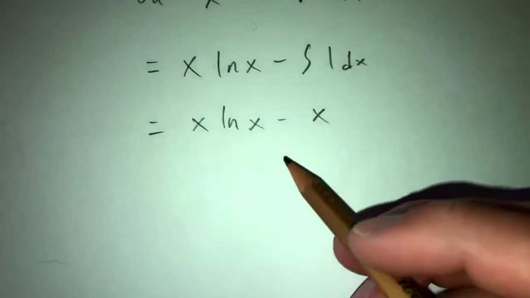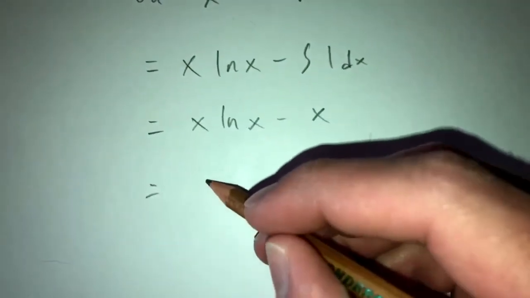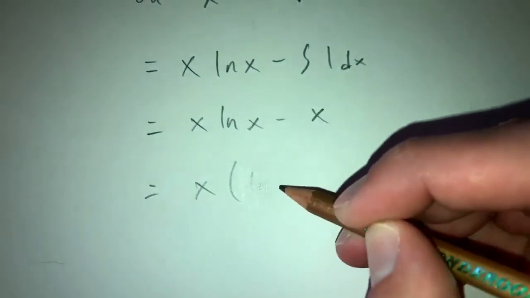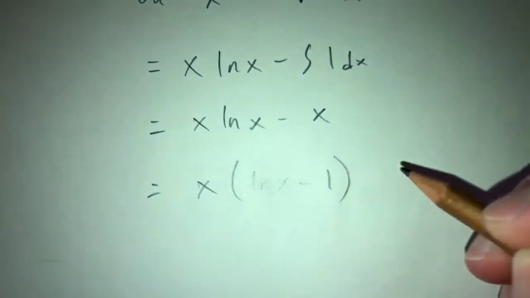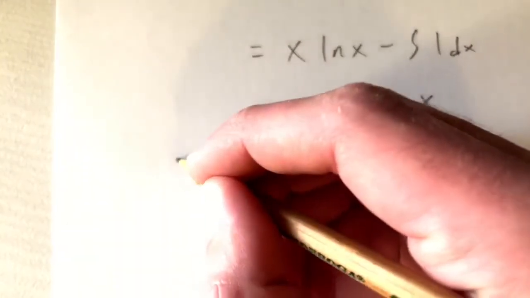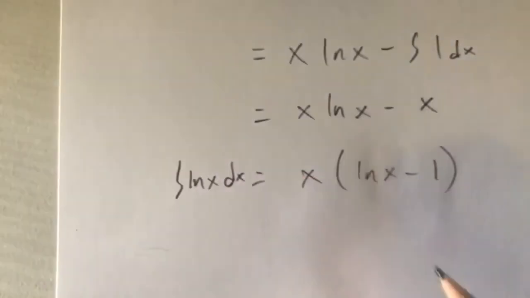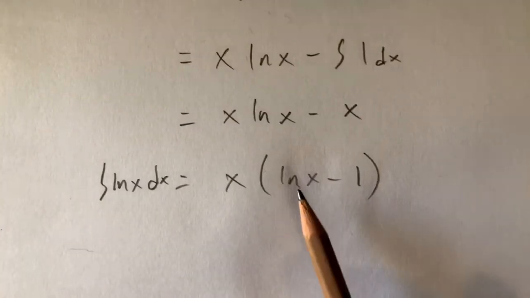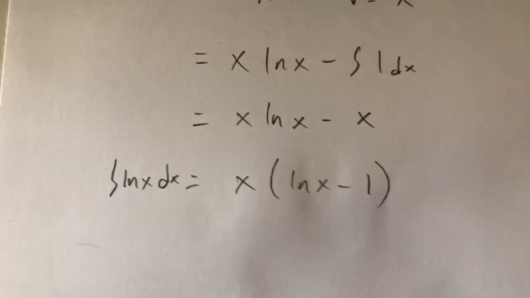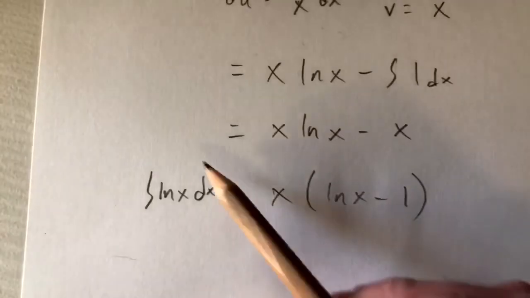And if you wanted to, we could factor out an x, giving us x times ln x minus 1, all in parentheses. So we know that the integral of ln x is x times ln x minus 1 in parentheses.